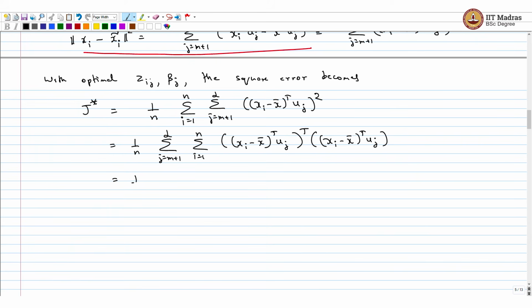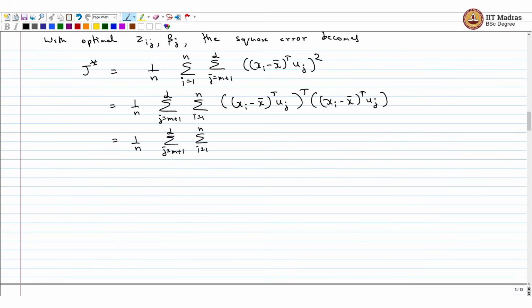Now this again I can write as summation j equals m plus 1 to d, i equals 1 to n. The reason I'm doing all of this is I want to extract a matrix with just xi and x bar outside and keep the uj in a much simplified form, so that I can figure out how to find this u1 to um, so that the projected error is minimized.